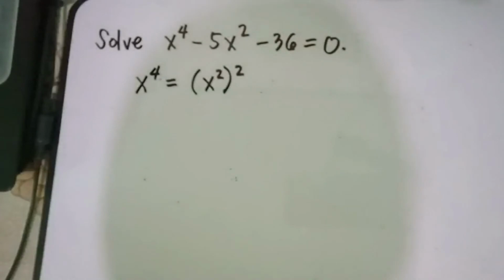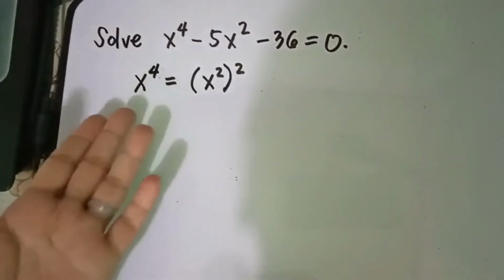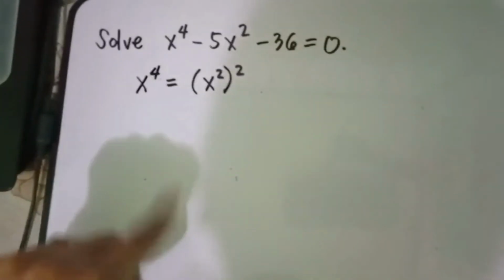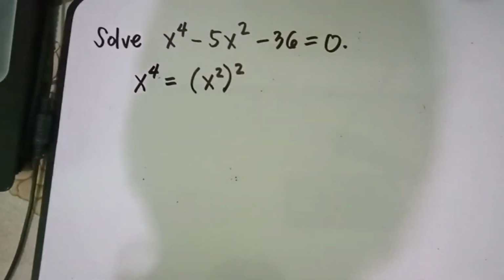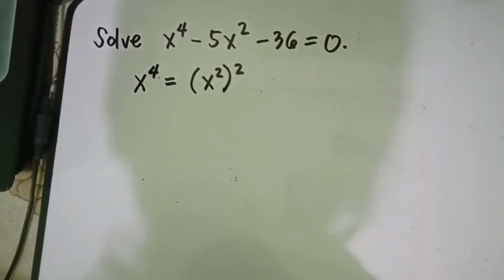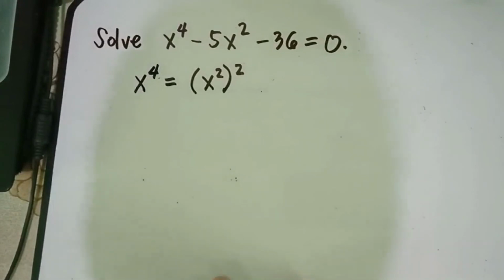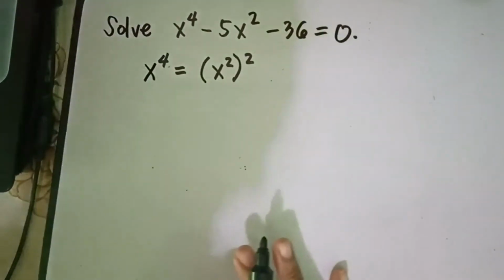Kung naaalala nyo yung laws of exponent, x raised to 2 raised to 2 is equal to x raised to 4. So, pwede nating i-factor yung x raised to 4 as x squared raised to 2. Tama ba? Tama ba yung term na ginamit ko? Okay. So, x raised to 4 is equal to the square of x squared. So, therefore, pwede tayong gumamit ng substitution method.